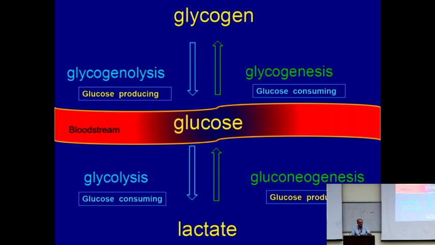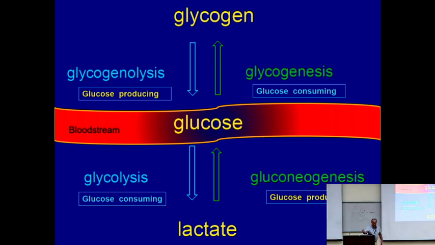How do you store it? You store it as a large polysaccharide called glycogen. So hence, one use of blood glucose is to store it for later use in the form of glycogen.